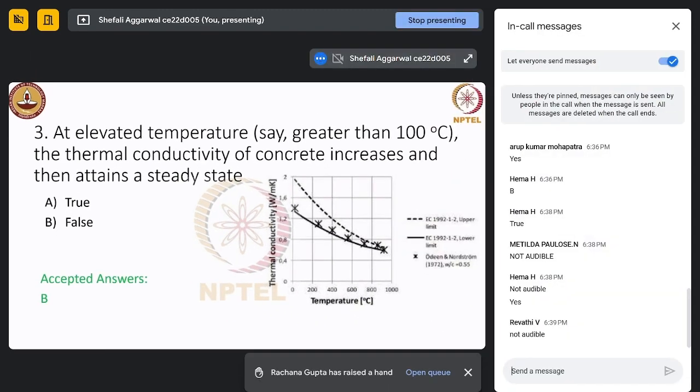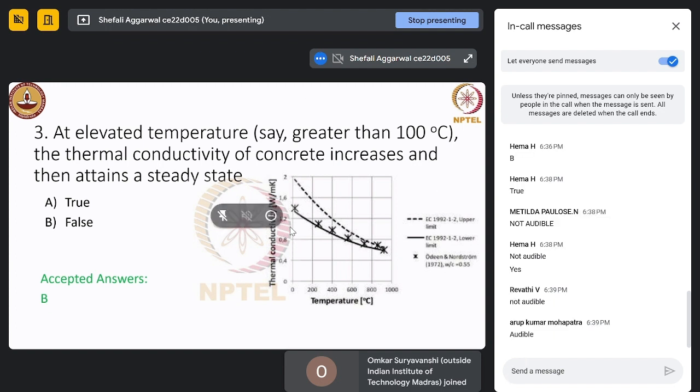Still not audible. Okay, so when we are increasing our temperature, how is thermal conductivity?